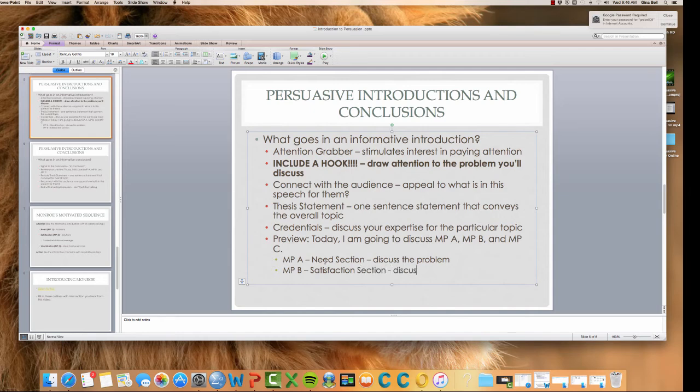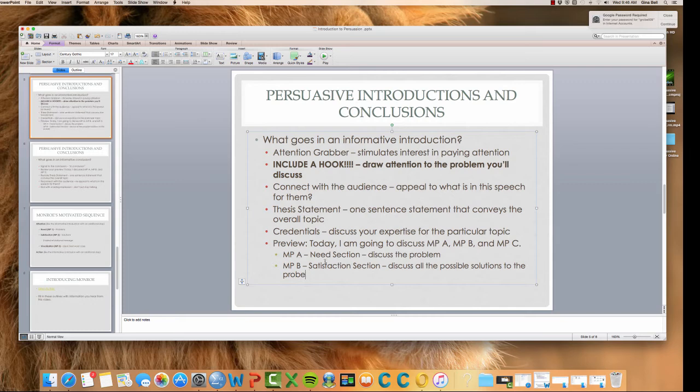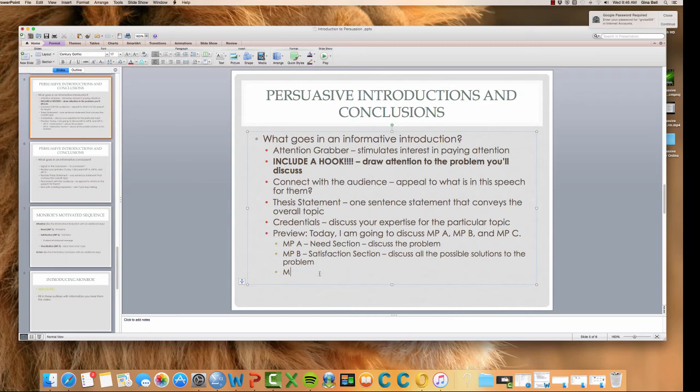And here you discuss all the possible solutions to the problem. Now, you're not going to tell them how you want them to solve the problem in the satisfaction section. You're just going to list all the possible solutions that are available. And then main point C is the visualization section.